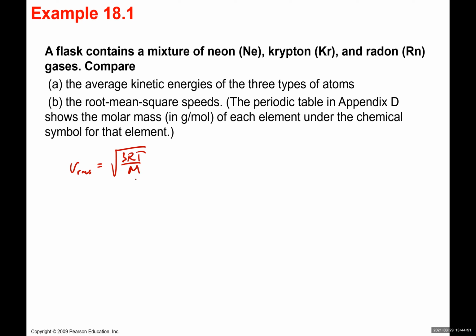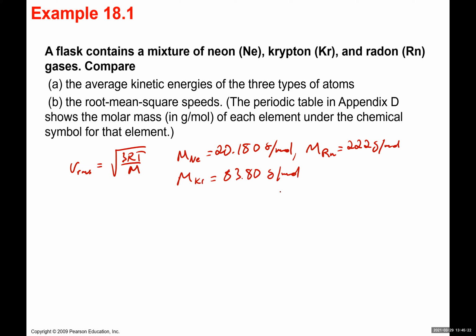So let's say the molar mass for the neon is 20.180 gram per mole. The molar mass of radon is 222 gram per mole. And the molar mass of the krypton is 83.80 gram per mole. Okay.